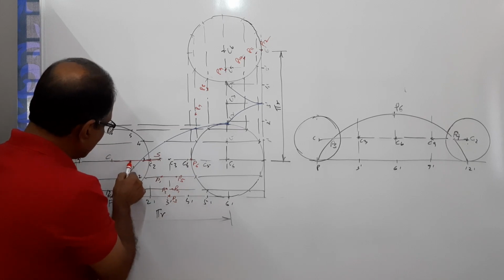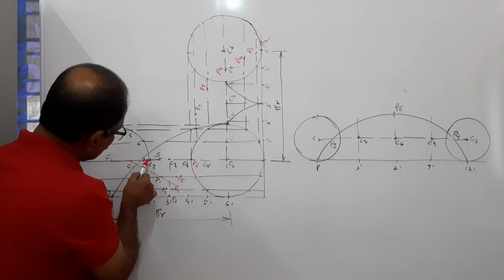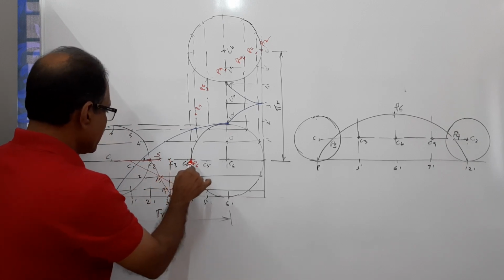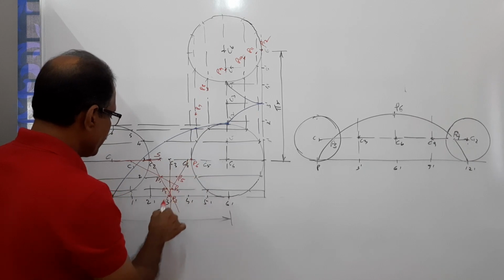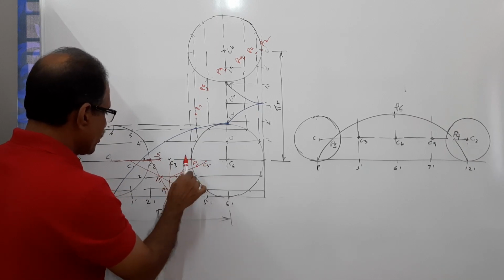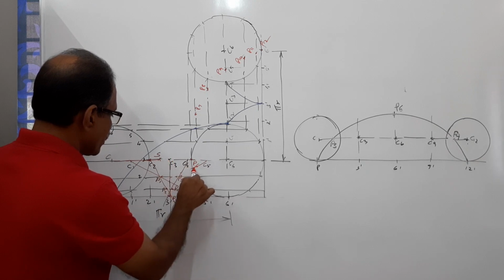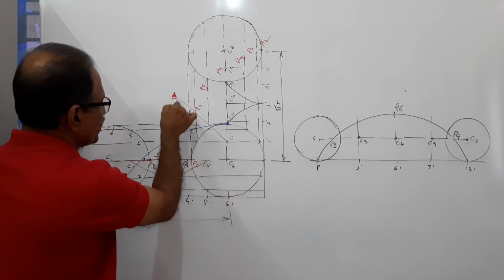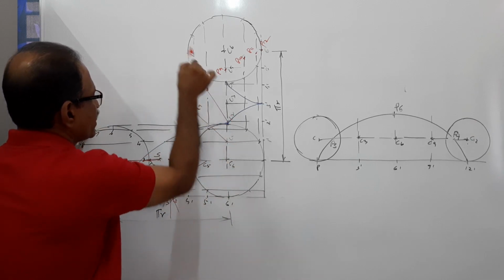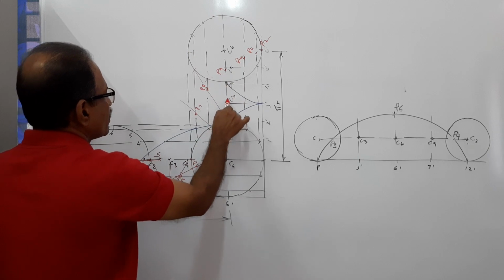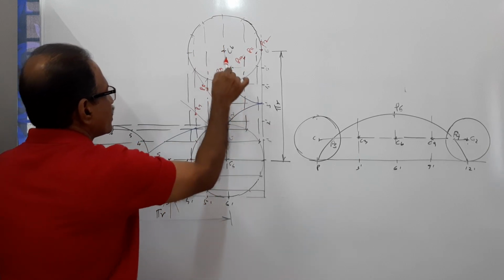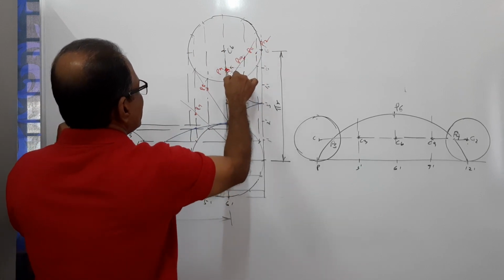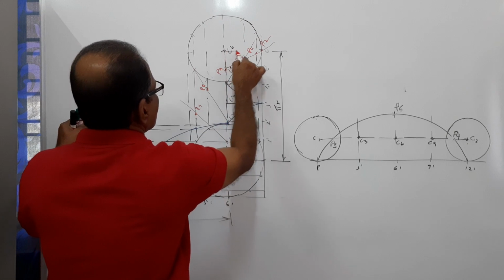C1, P1, C2, P2, C3, P3, C4, P4, C5, P5, C6, P6 already extended, C7, P7, C8, P8, C9, P9, C10, P10, C11, P11, C12, P12.